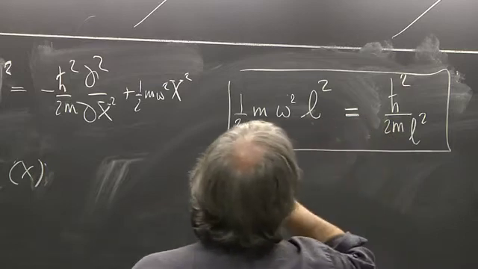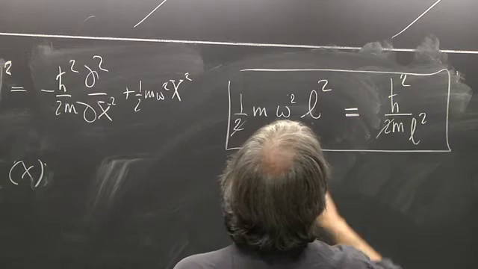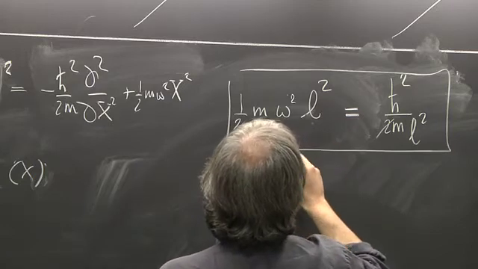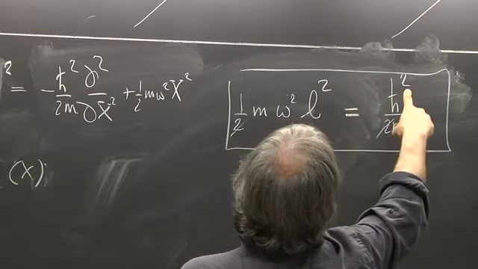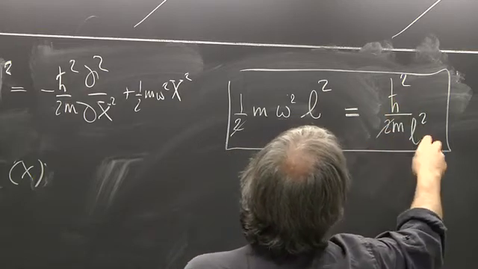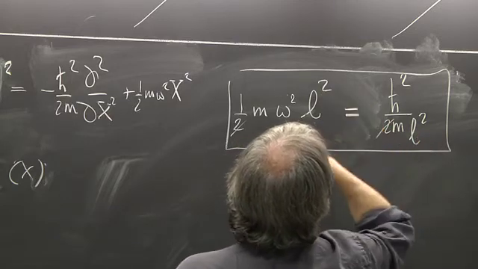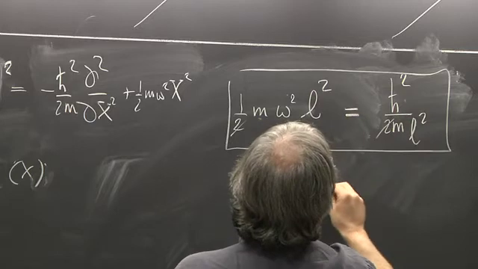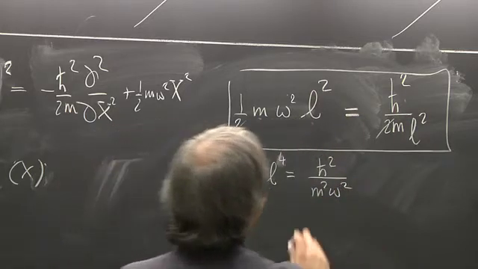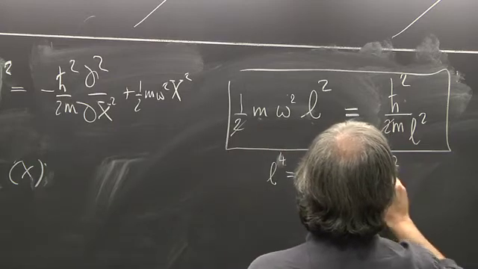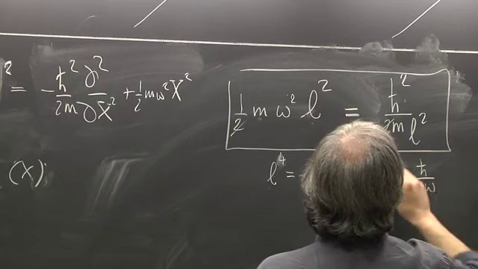So, for instance, let's solve it. The 2 goes, and I have that L square is equal to h bar square divided by, no, sorry, L to the 4th, because L goes there, is equal to h bar square divided by m square omega square, or if you want, L square equal to h bar over m omega.